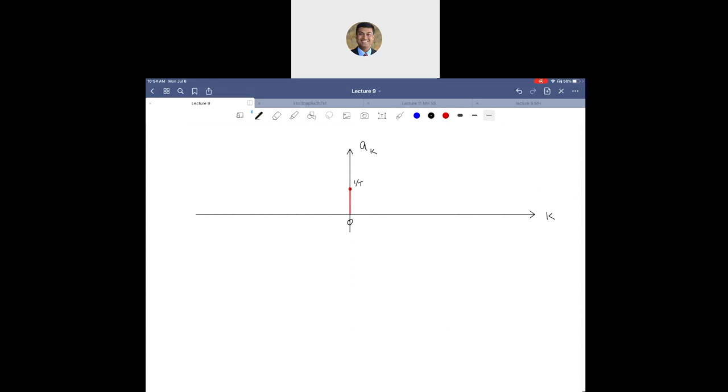Now how about when we go for k equals 1, 2, 3 and so on. Let's say I have 1 here, 2 here, 3 here and so on, and negative 1 here, negative 2 here, negative 3 here and so on. What is going to happen there? Well, simply this is going to get repeated. 1 over T here, 1 over T there, and so on. Straight lines.